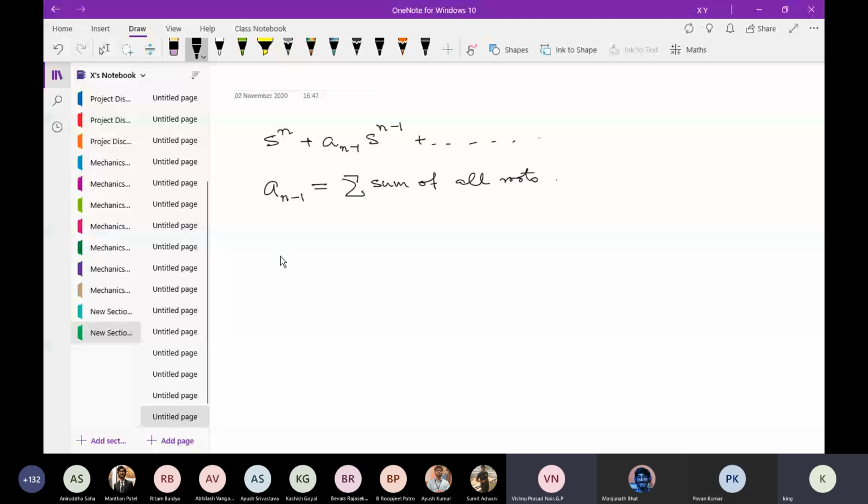So in the Routh array, the first row is s to the power n, then s to the power n minus 1. The first thing will be 1, and this will be minus a n minus 1. So this is going to be the sum of the roots. Now when is the sum of the roots negative?